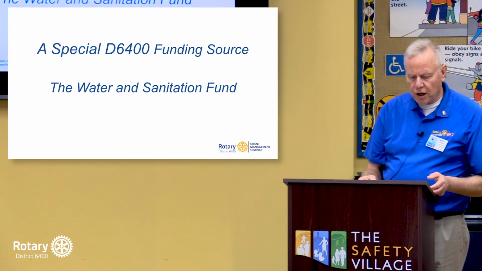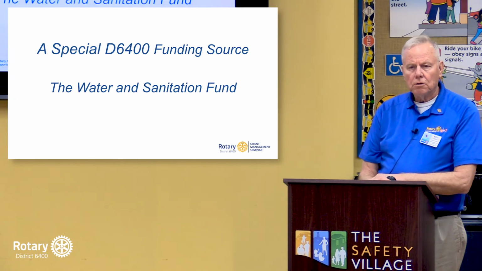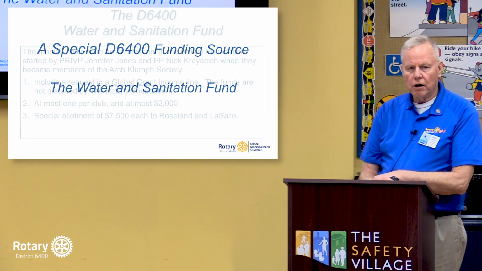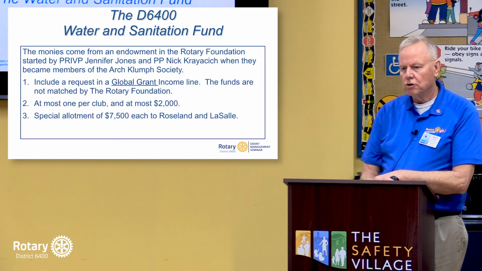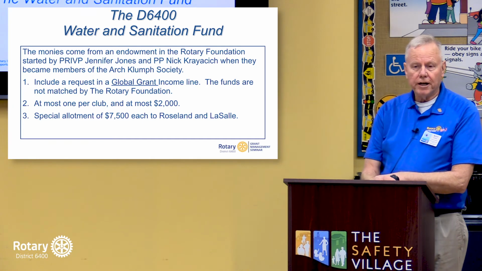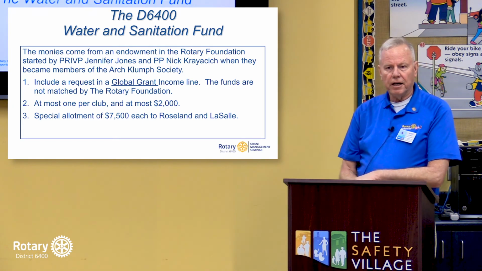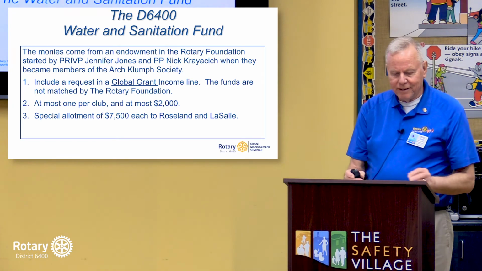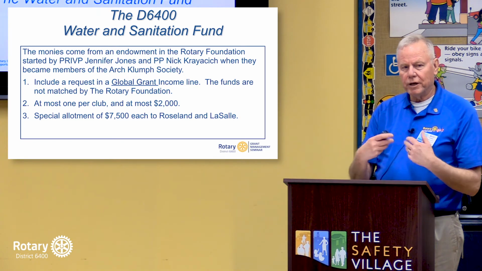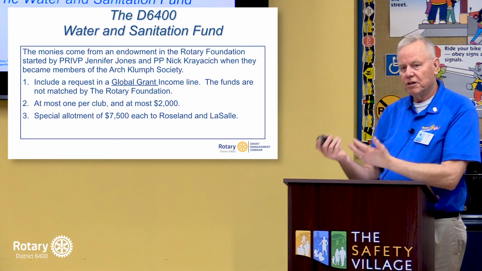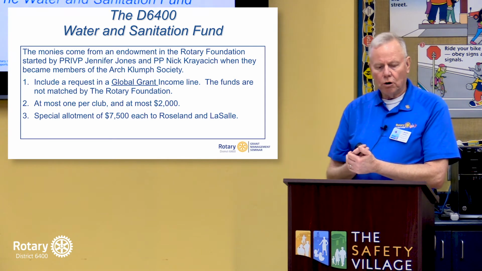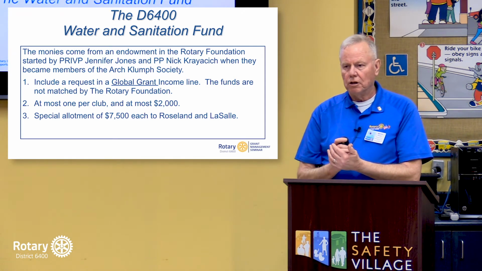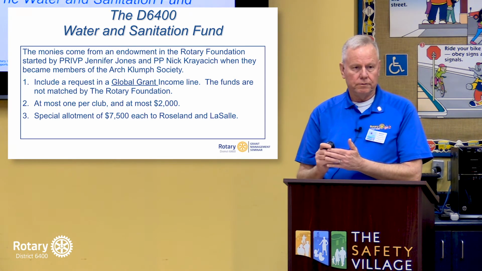This is a special fund from Nick and Jennifer, where they, as well as others and your clubs, donated money towards this endowment fund at the Rotary Foundation. And this is now funds where we can take the income from the invested money for water and sanitation grants. And it's only for our district.